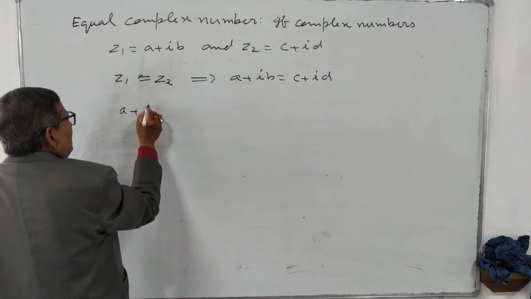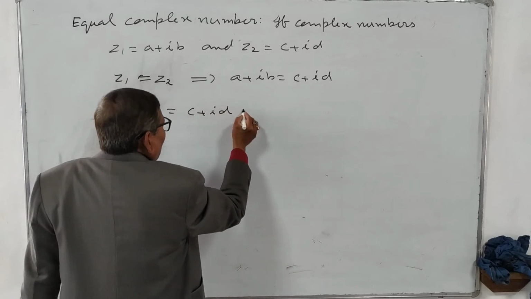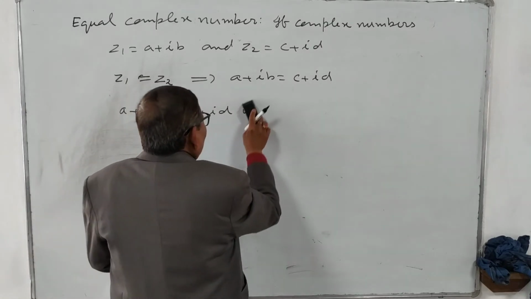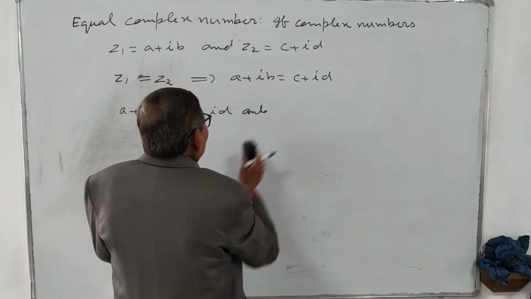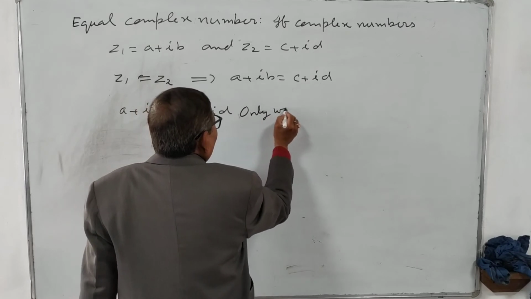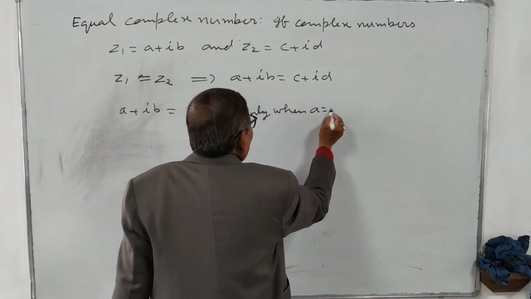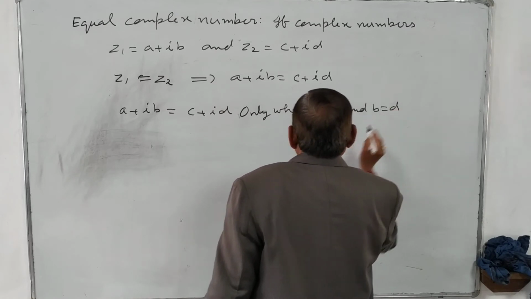A plus ib equal to c plus id only when a equal to c and b equal to d.